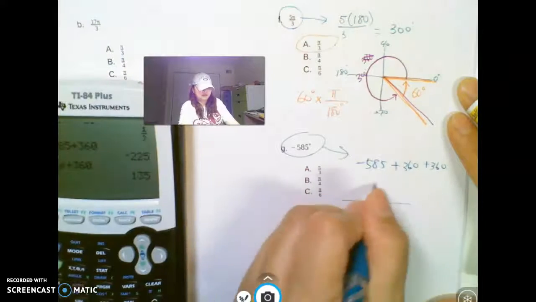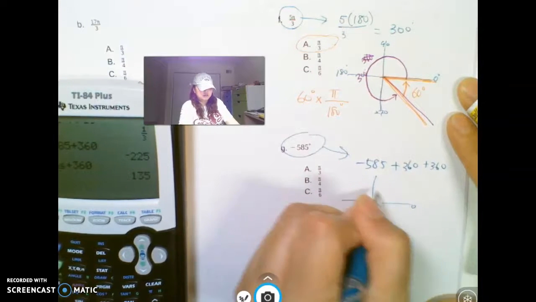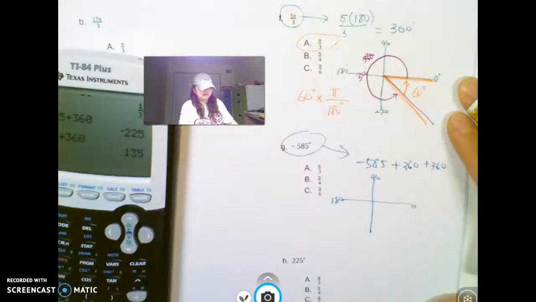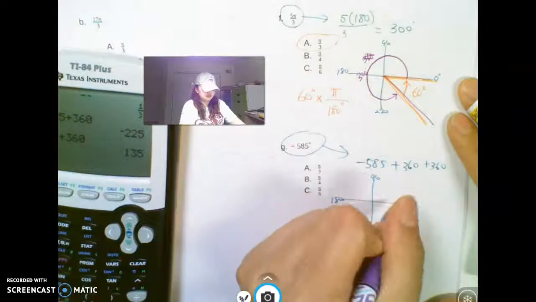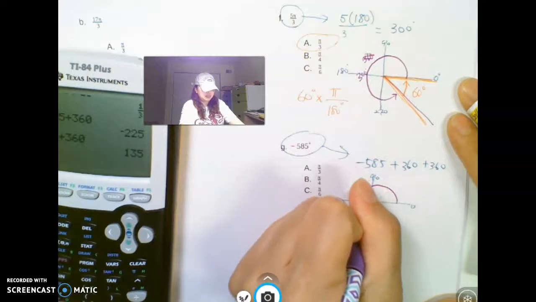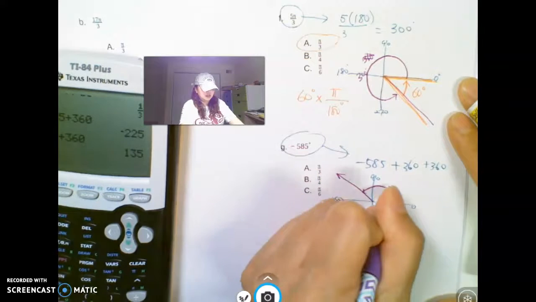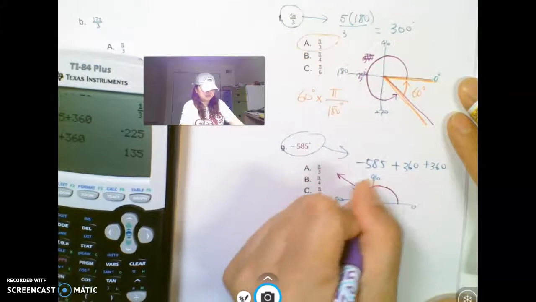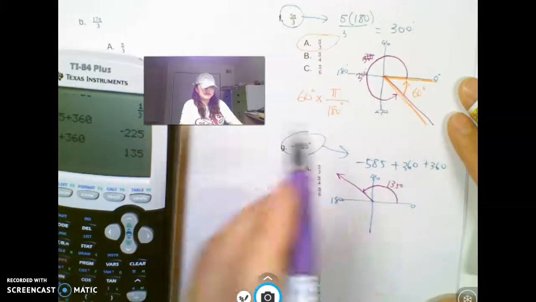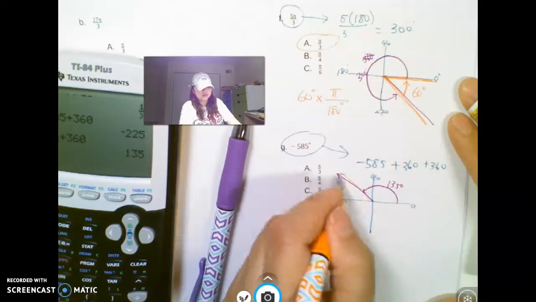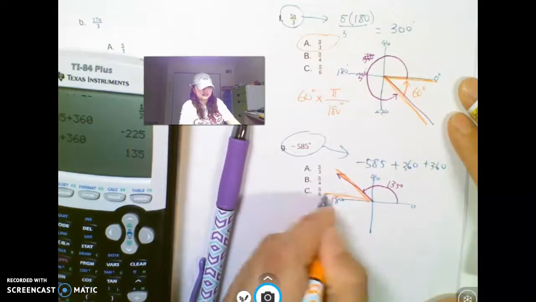I can graph 135. 0, 90, 180. Start at 0, past 90, but I cannot pass 180. 135 has to be between. So what is the reference angle? Terminal side and the x-axis.